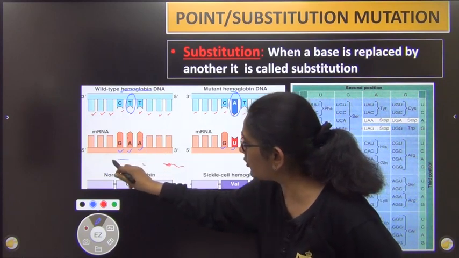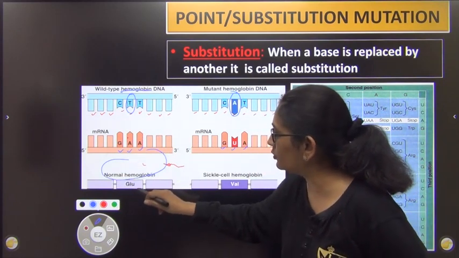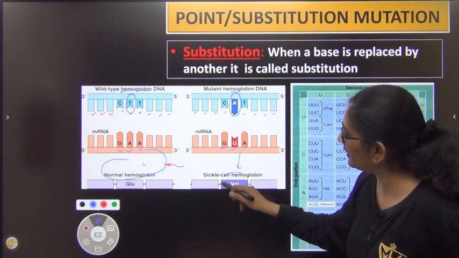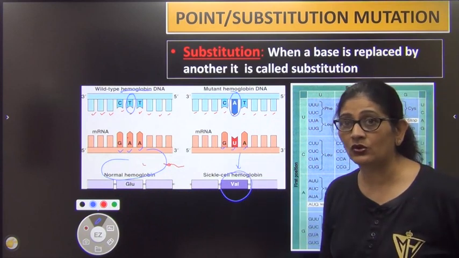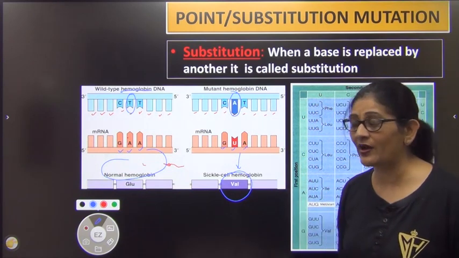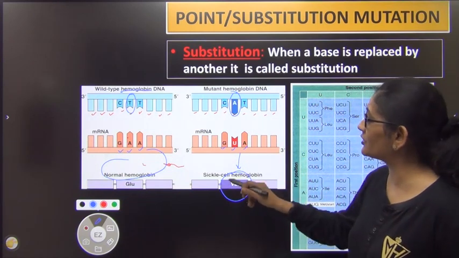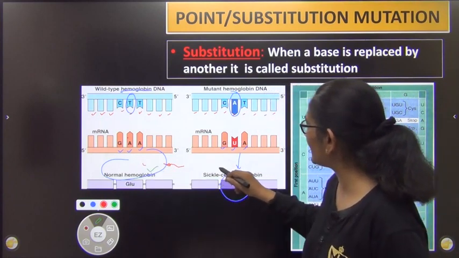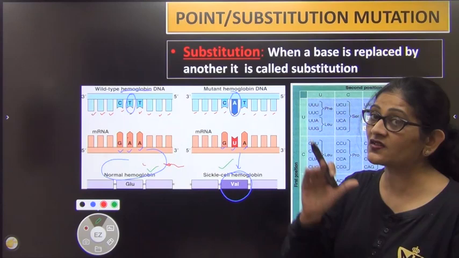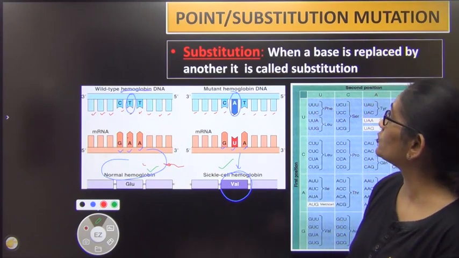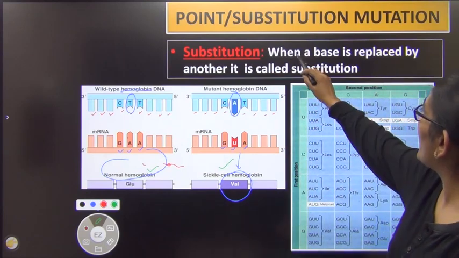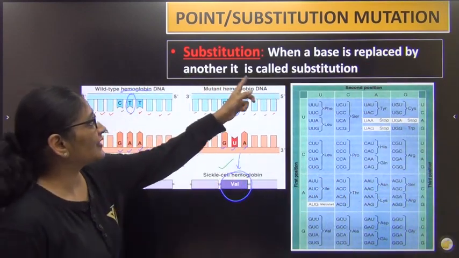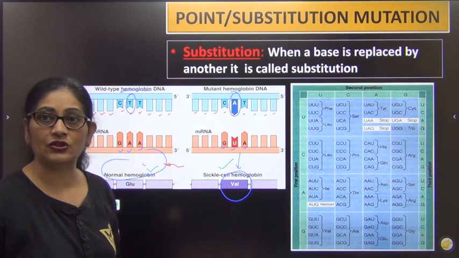In the original hemoglobin, we know that it should be glutamic acid, but once it is changed because of the change in codon, the amino acid of the sixth codon becomes valine, and that leads to a change from normal hemoglobin to sickle cell hemoglobin. So this is called point or substitution mutation. Just see here, when the base is replaced by another, substituted, it is called substitution mutation.